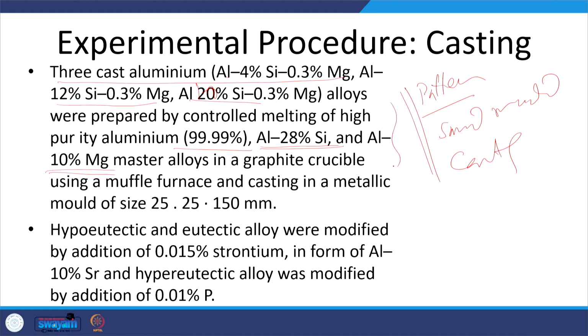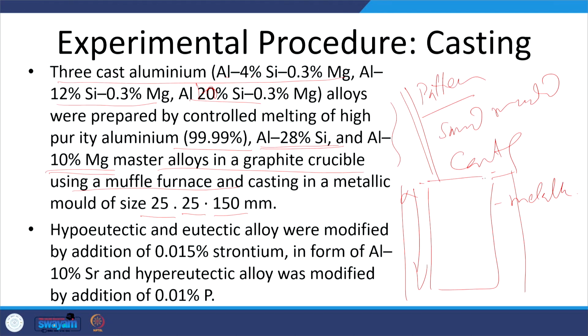These, in suitable proportions, were placed in the graphite crucible, and with the help of a muffle furnace melting was done. Once the molten metal is obtained at the desired temperature, it is poured into the metallic mold under gravity. The metallic mold is like this, of 150 mm length and 25 mm square section.